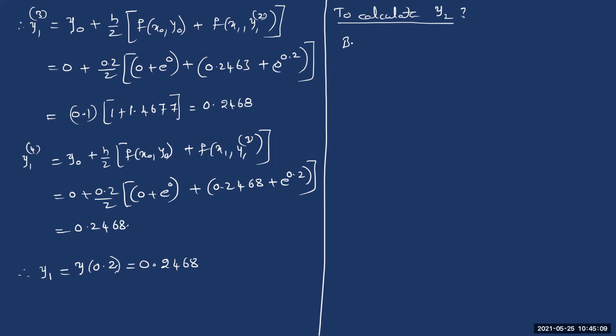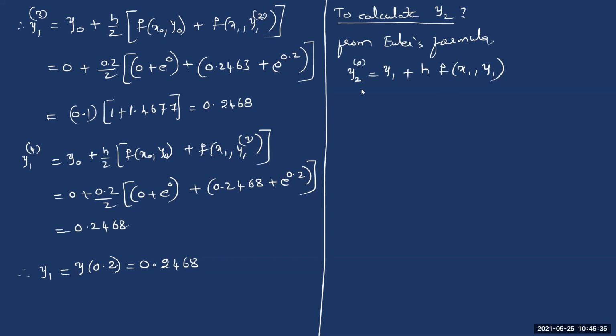Now see, again to calculate the initial approximation to y2, I'm using Euler's formula. It is y2 initial approximation equals y1 plus h into f of x1 comma y1.